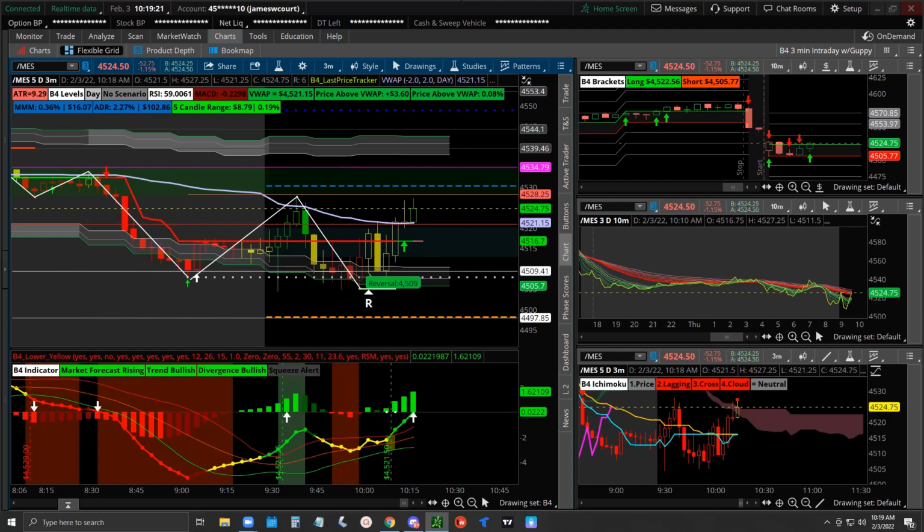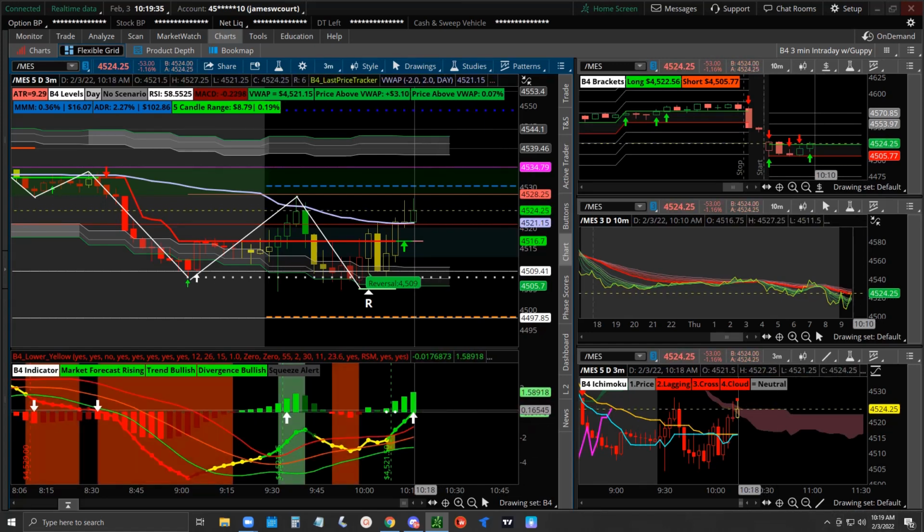If you look at the 5-minute ETA chart, it's 2 cups. So we could get a projected run up, but bulls really need to close a bar above this trading range.